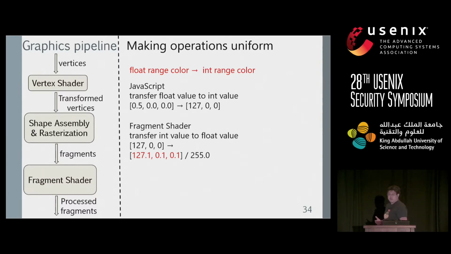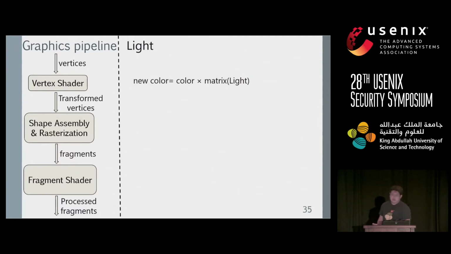In the fragment shader, we transfer the integer value back to a float value. Also, we add a very small value to prevent precision loss, because different computers may have different precisions.